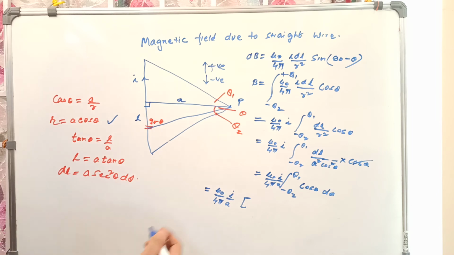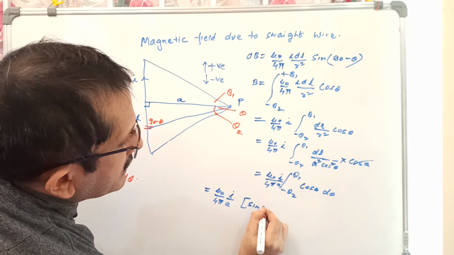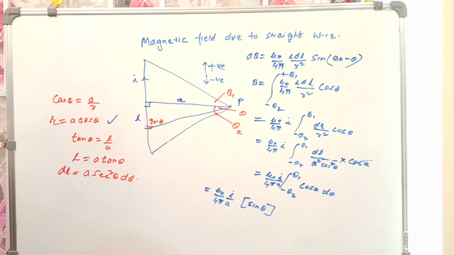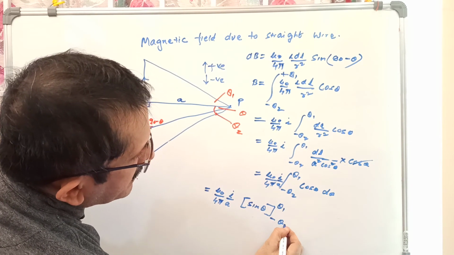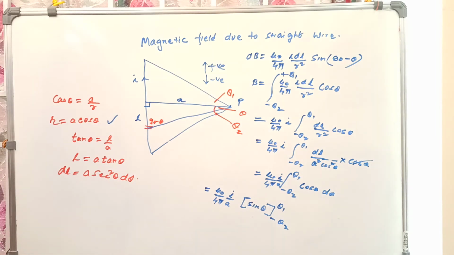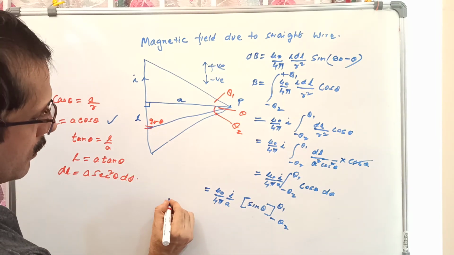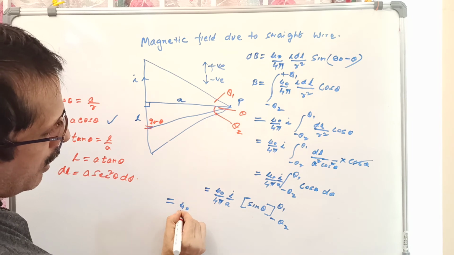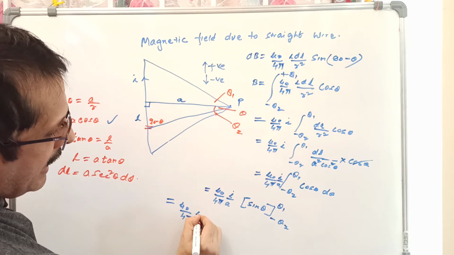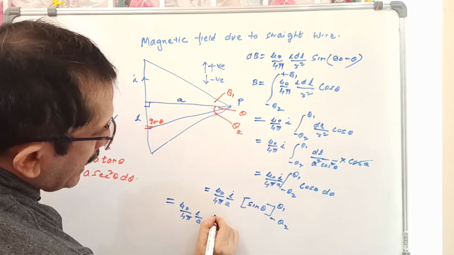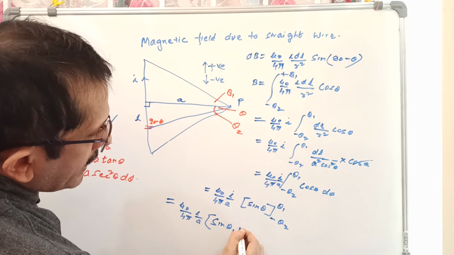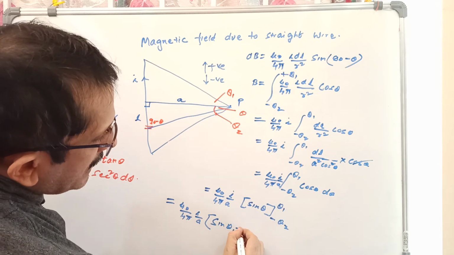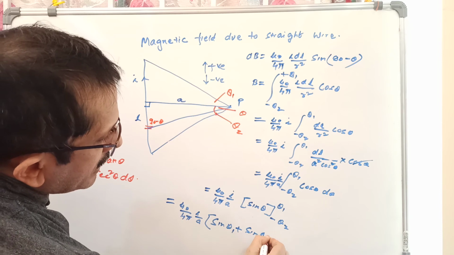It would be sine theta, and it is from theta 1 to minus theta 2. Now if I further go, this becomes mu naught by 4 pi I by a, and this becomes sine theta 1, minus minus becomes plus, sine theta 2.